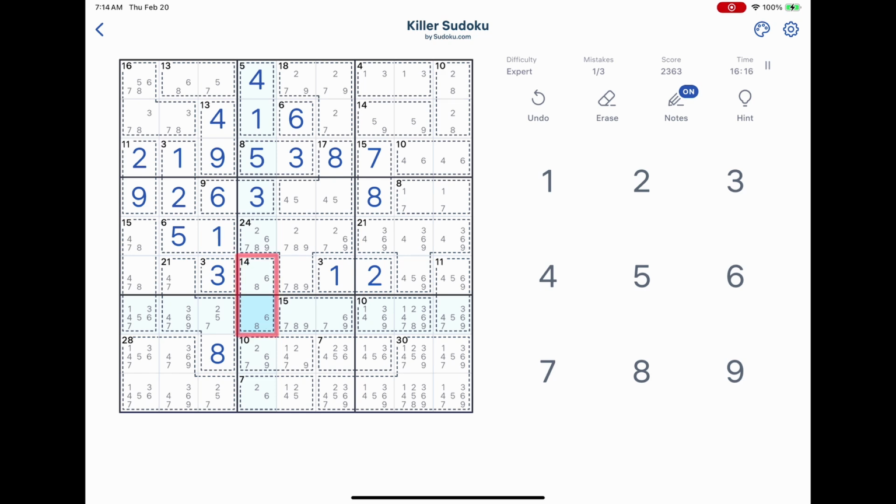Apply the 6-8 double to column 4. Block 8. Complete the sum. Block 7. Block 5.